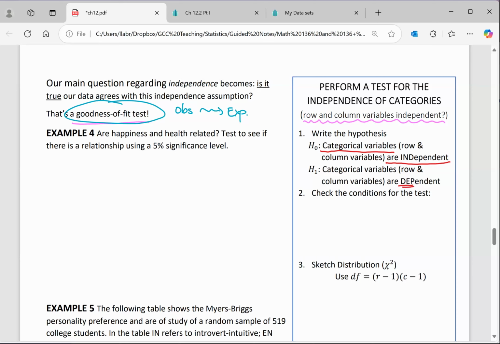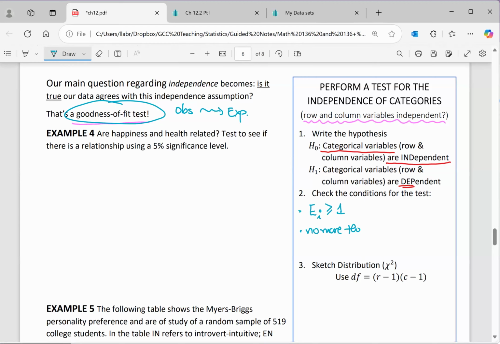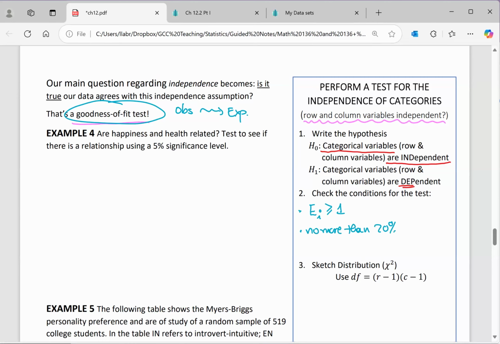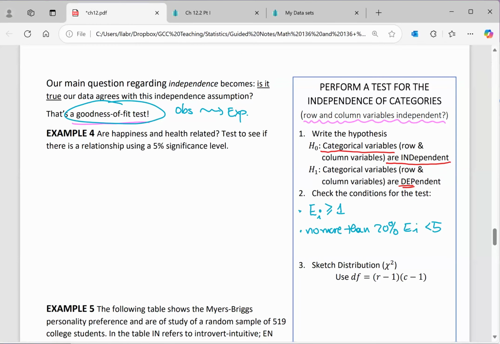And so for our requirements, we're still going to focus on the fact that we need the expected counts all to be greater than 1 and no more than 20% of the expected counts are less than 5. If that holds, then we know that we can proceed with the goodness of fit test.